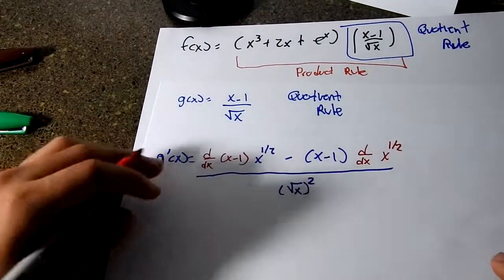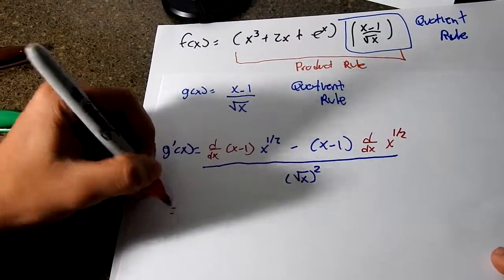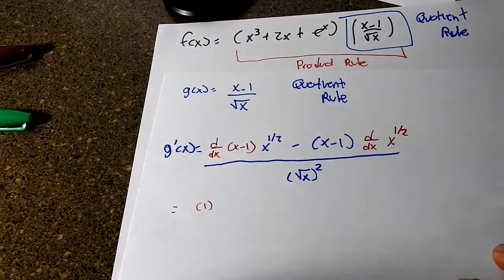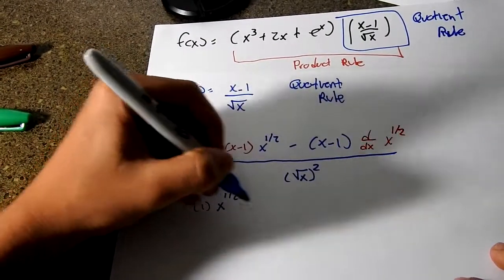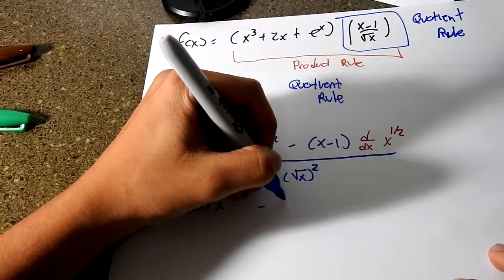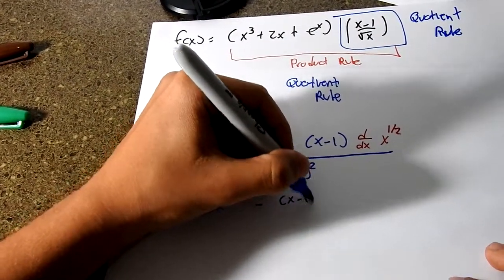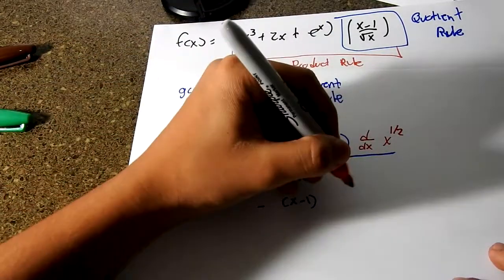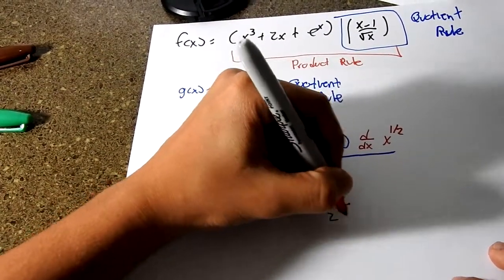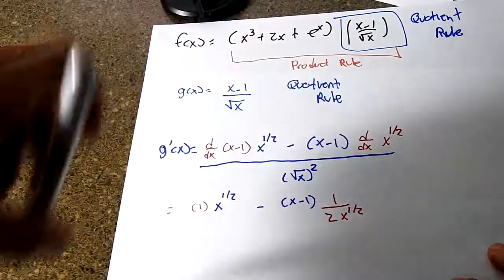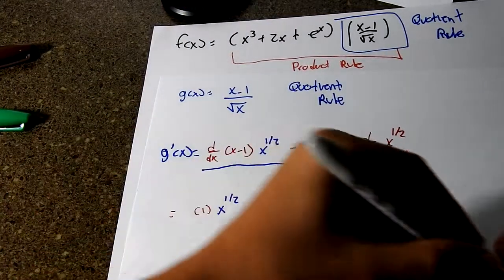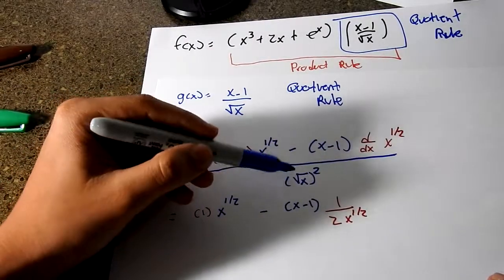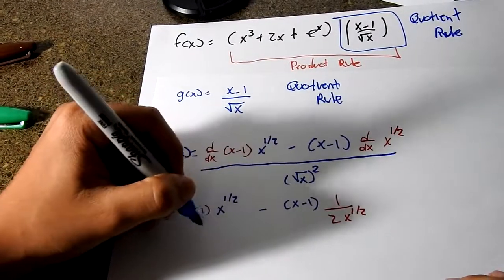So we have x minus 1, the derivative is just 1, times x to the 1/2, minus x minus 1. Then we know that the derivative of x to the 1/2 is just 1 over 2x to the 1/2. And then square root of x squared is just x.